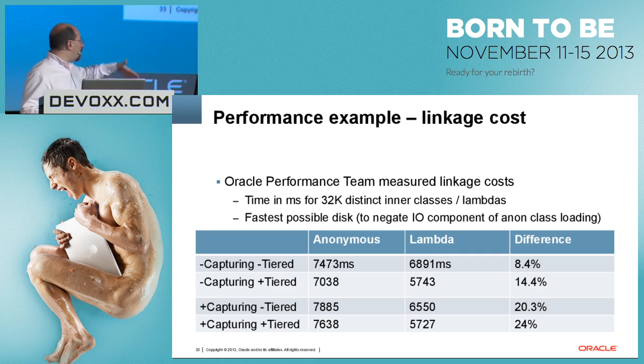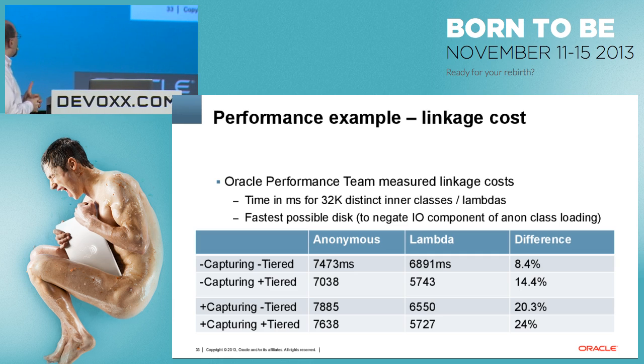We have four rows, one describing non-capturing lambdas and one describing capturing lambdas, and then the other axis is whether we're using tiered compilation or not, because that really kind of messes up a lot of performance measurements. We also, because we didn't want to cheat, got a really fast SSD disk, so that the anonymous classes didn't get unfairly punished for having to go out to disk to load the classes.